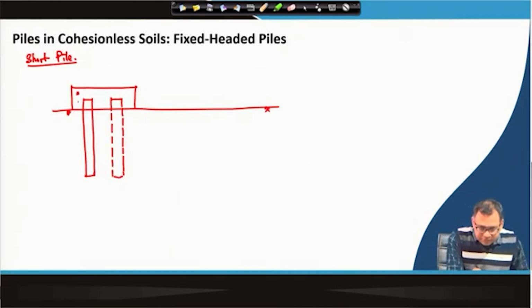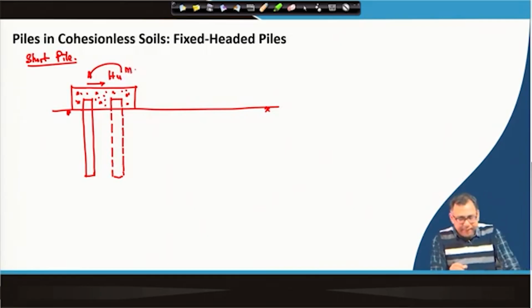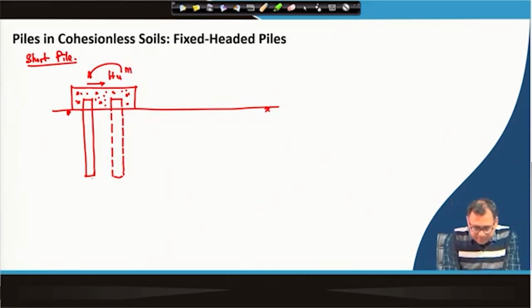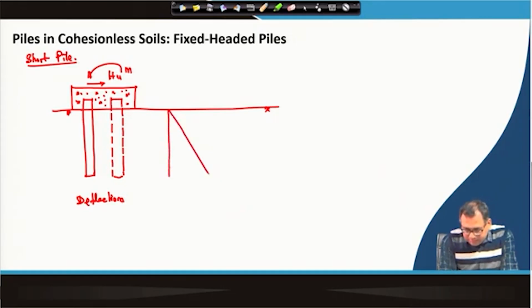So, this is the fixed head, or say pile cap. We are applying Hu, and definitely there will be a moment M. This is the deflection. Now, the reaction here in total will be the passive reaction.